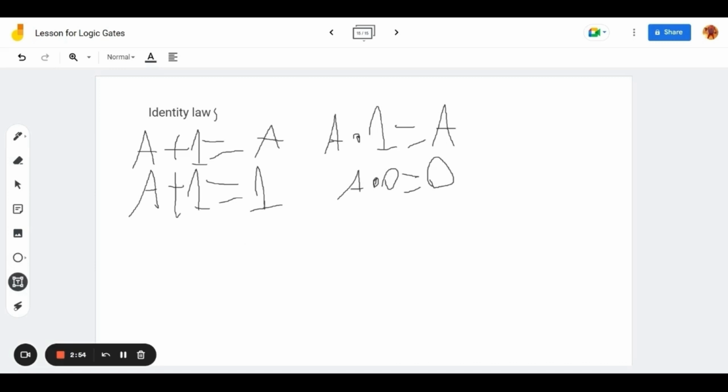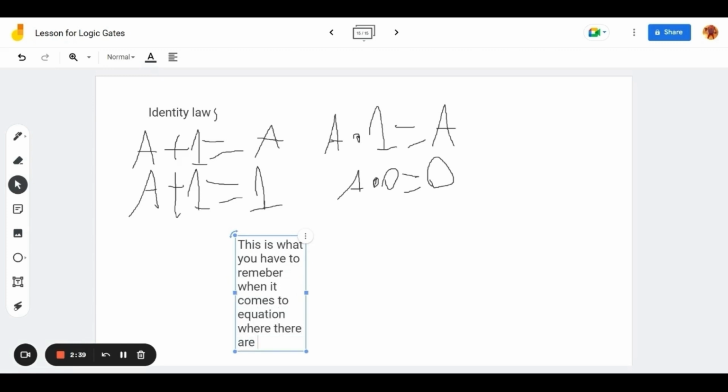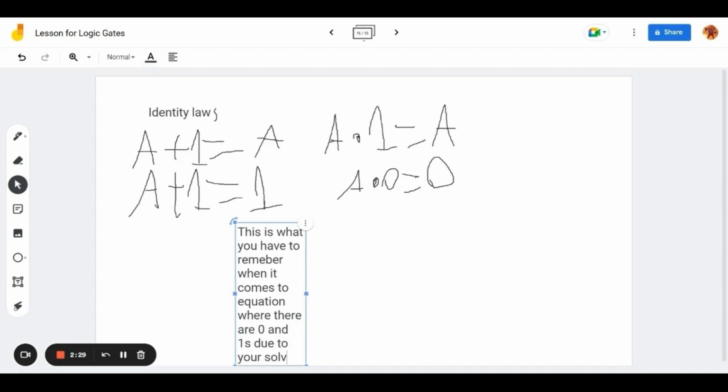This is what you have to remember when it comes to equations where there are zeros and ones, due to your solving.